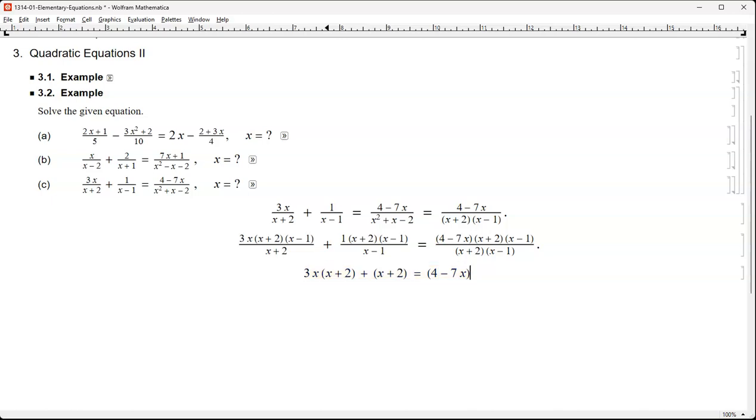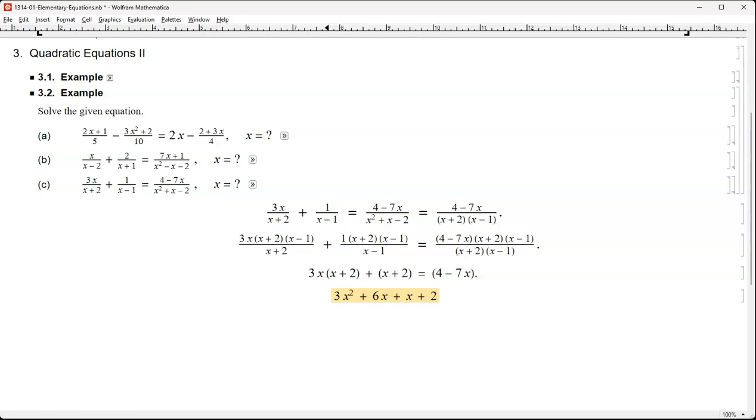That's it, isn't it? Let's do some alignment. Okay, all right, no more denominators, so you can break up. So 3x squared plus 6x plus x plus 2 minus 4 plus 7x equal to 0.